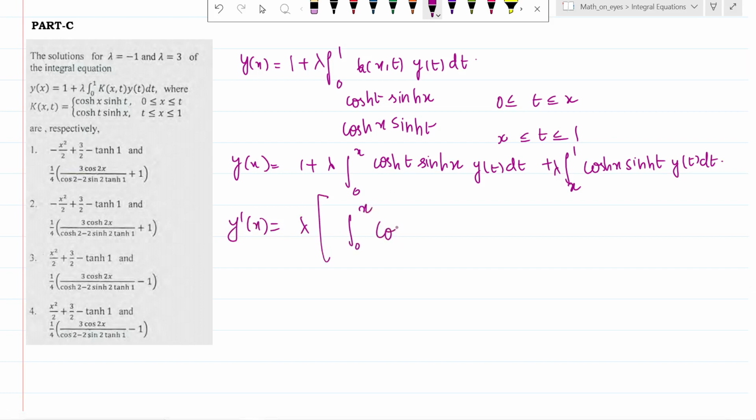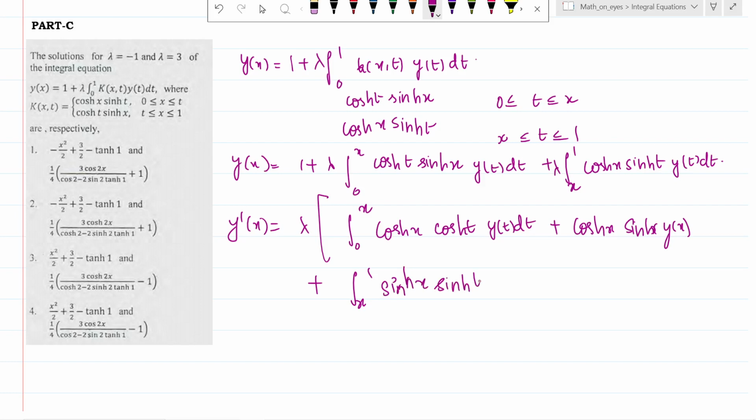Differentiation of this will give you cos hx and then cos ht as it is, y of t into dt, plus the upper limit part, which is cos hx sin hx into y of x. And this integral will give us plus integral x to 1, differentiation of cos hx is plus sin hx sin ht into y of t dt, and the upper limit part will become 0, lower limit part will give you minus of cos hx sin hx into y of x.